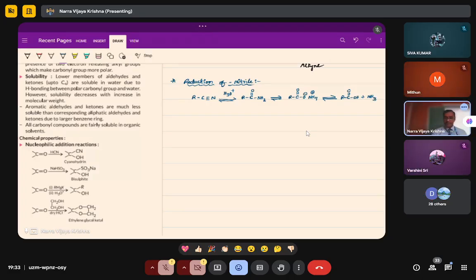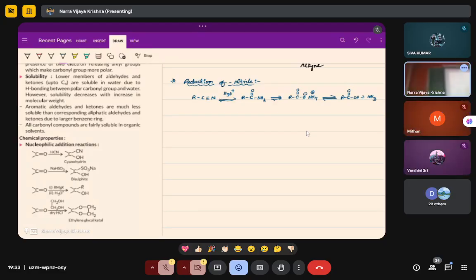Is it clear? First, partial hydrolysis to form amide, then complete hydrolysis to form ammonium acetate. Carboxylic acid can lose H+, forming RCOO-, so RCOO- and NH4+. Right? Any questions?